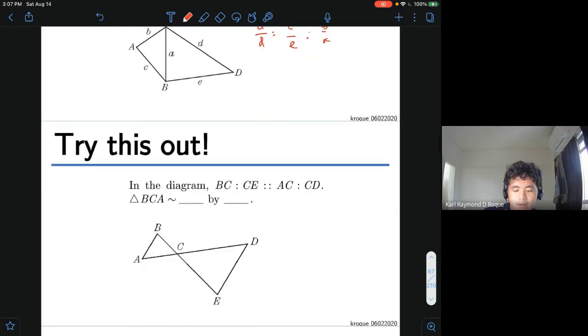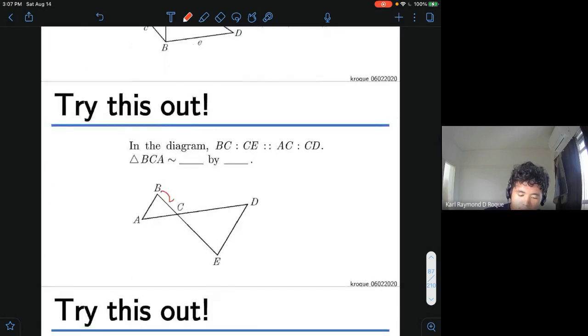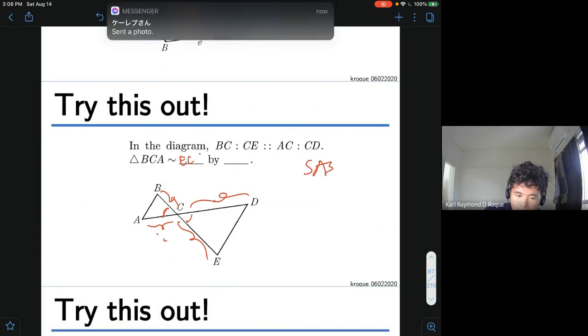Next. BC is to CE. AC is to CD. What is this? For sure, that's SAS. SAS similarity. Two sides and one angle in the middle. So, that's easy.